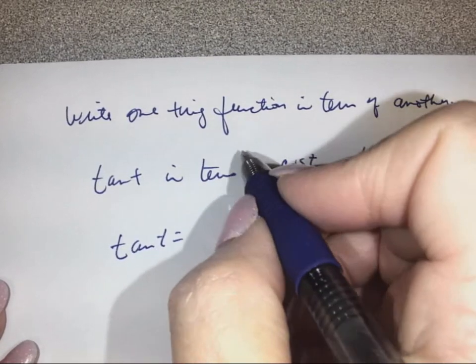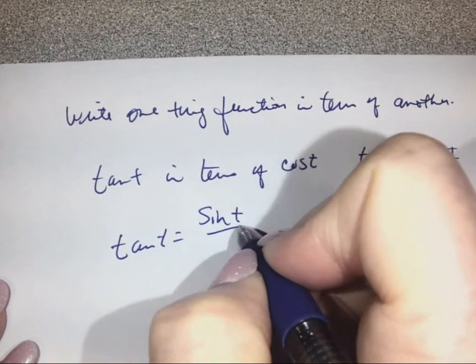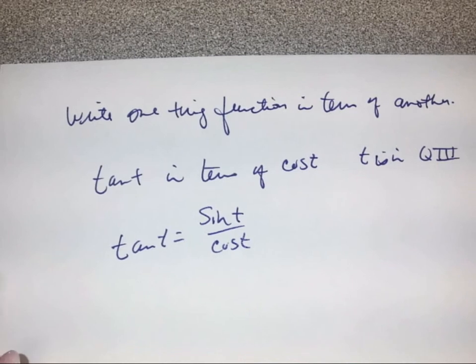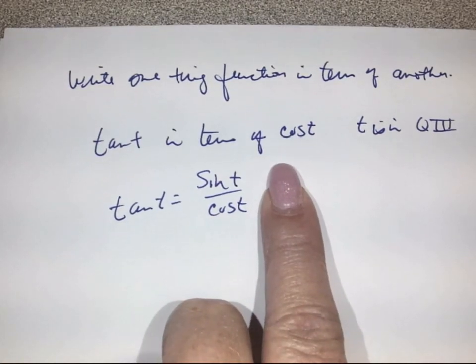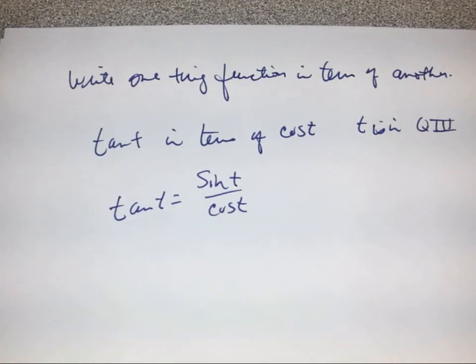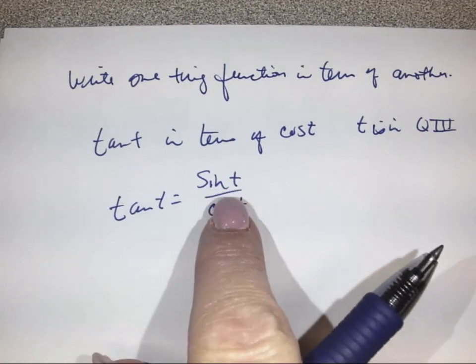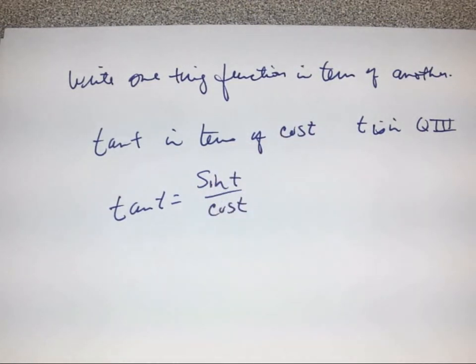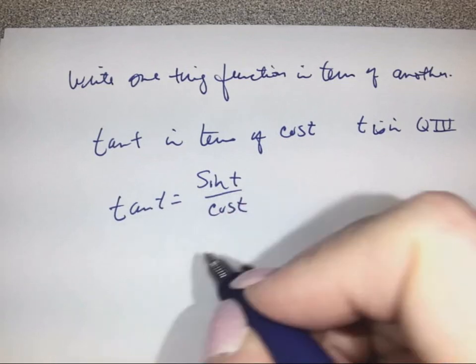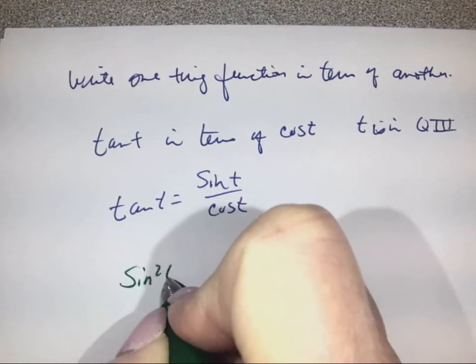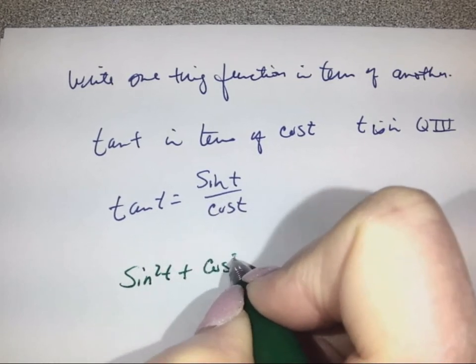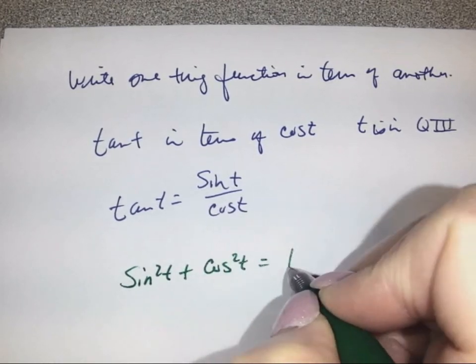So tangent t is equal to sine t over cosine t. We need to write it all in terms of cosine. So we've got to turn sine into cosine, because we want it all in cosine. So let's go do our Pythagorean identity. Sine squared t plus cosine squared t is equal to 1.